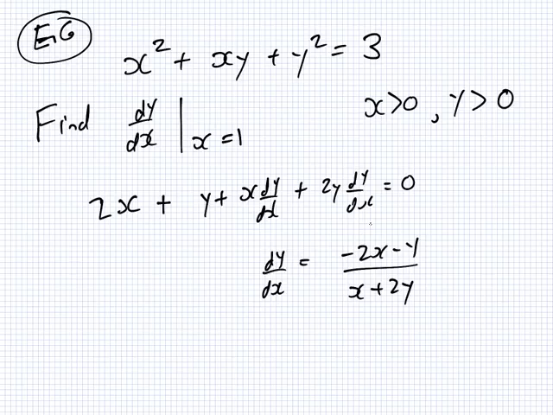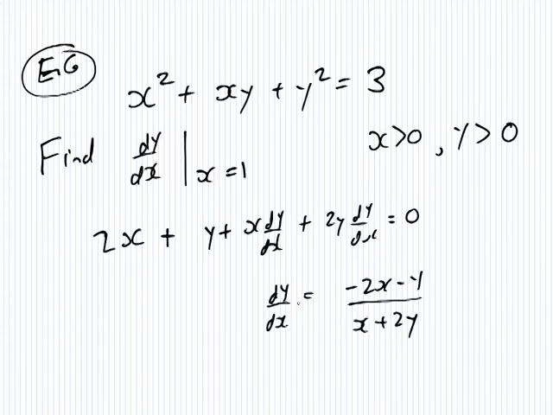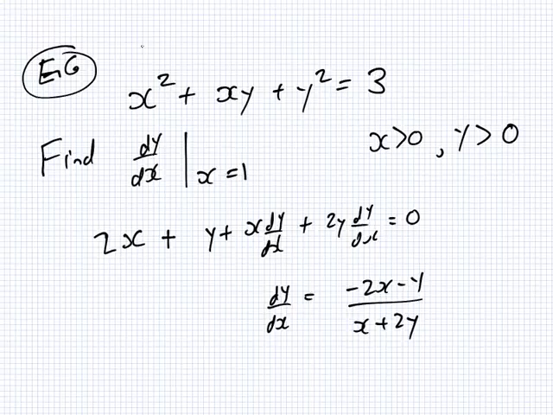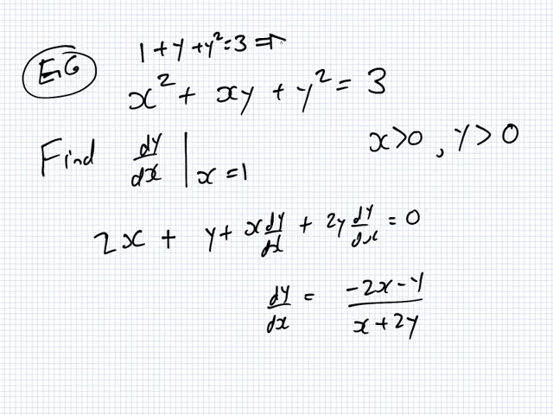Yes. Now, we haven't got the y, we only have the x. The x is 1. So we'll put the 1 in here to get the y. So we get 1 plus y plus y squared equals 3. So that means y squared plus y minus 2 equals 0.